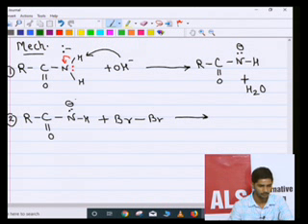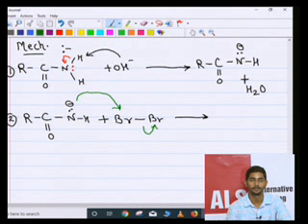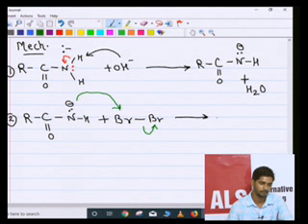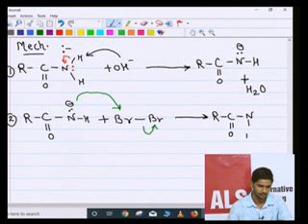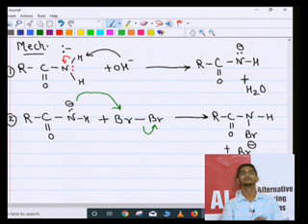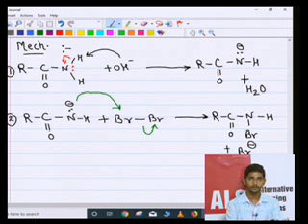When this attacks this Br, this will be released from here and it will look like this: R CO N Br H and 1 Br with negative sign. So these are the first 2 steps.